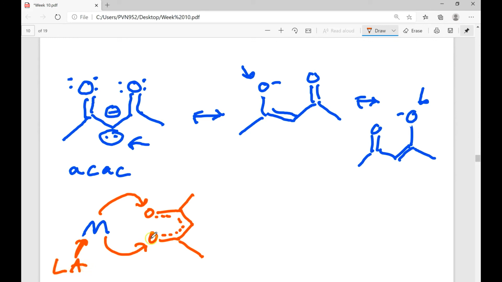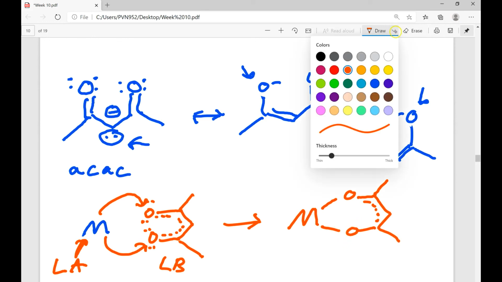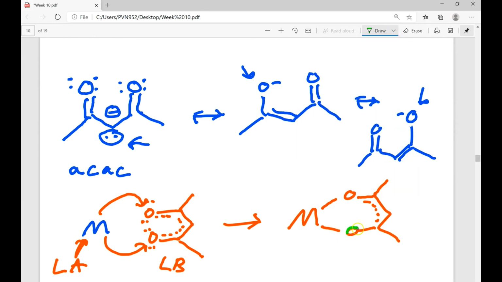It's accepting electrons. The ACAC ligand is acting as a Lewis base. So think about the lone pairs on this oxygen just being able to pop onto the metal center. And then we get our complex. So here we have the metal coordinating to two oxygen atoms. And remember, in this reaction, the metal is acting as a Lewis acid and the ACAC ligand is acting as a Lewis base.